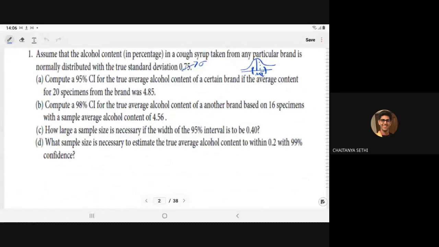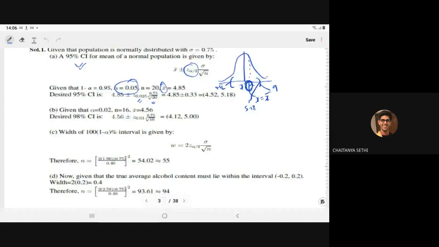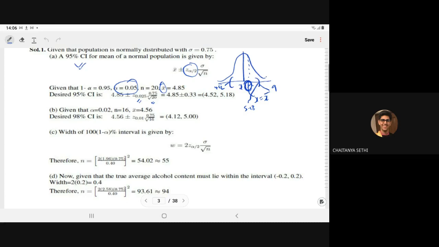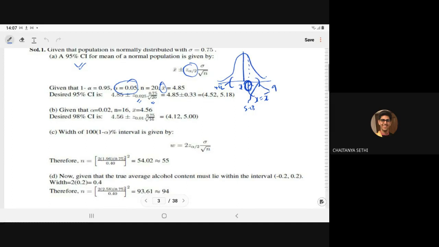Now compute the 98% confidence interval for the true average alcohol content of another brand, based on 16 specimens with sample average alcohol content 4.56. So now they have reduced the sample size, and the confidence percentage they have increased from 95 to 98. The same formula applies, we just substitute n equal to 16 and 1 minus alpha equal to 0.98.